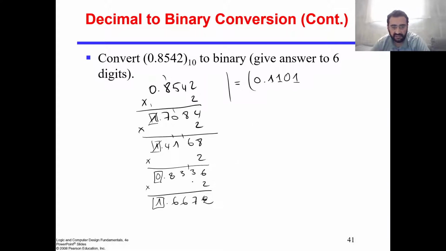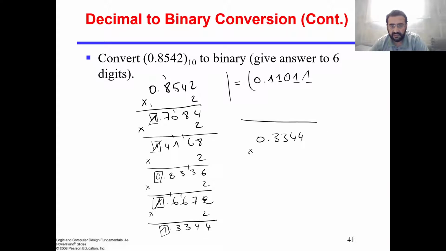So now we already have 4. We continue. 4, 14, 12 plus 1, 13. So we have 1 we reported here, and then we continue the multiplication. 0.3344 multiplied by 2. This is 8, 8, 6, 6, and we have to report the 0.